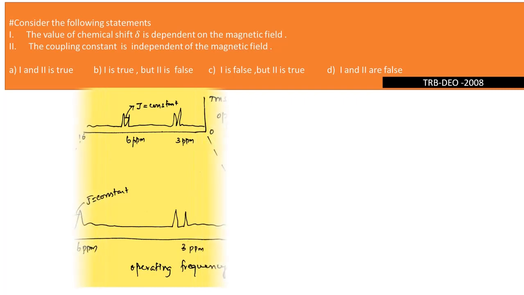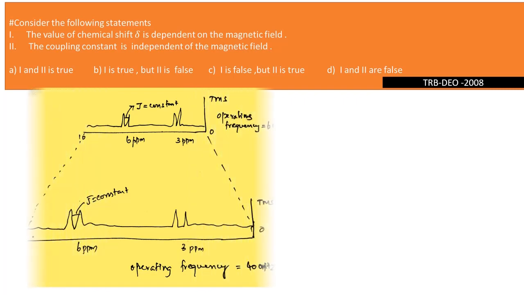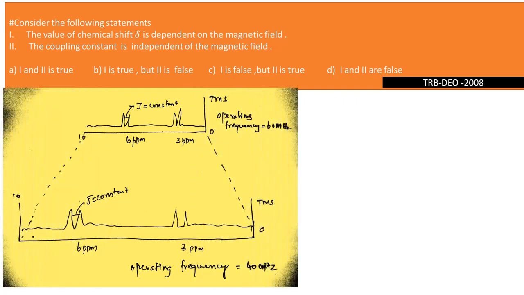See this example. In this example, different spectra are given, but the operating frequency is different. In the first case, the operating frequency is 60 megahertz. There are two signals with doublets, one at 3 parts per million and one around 6 parts per million. J is the coupling constant.